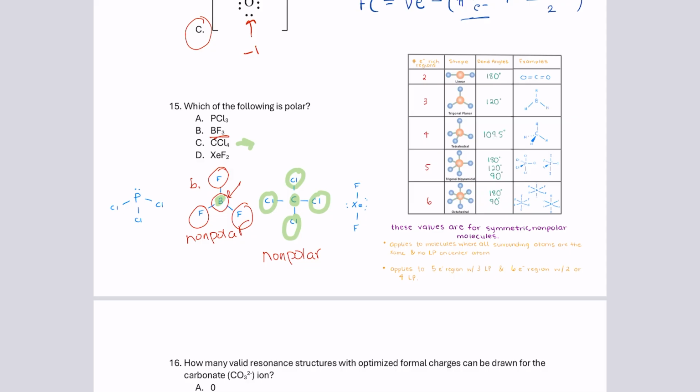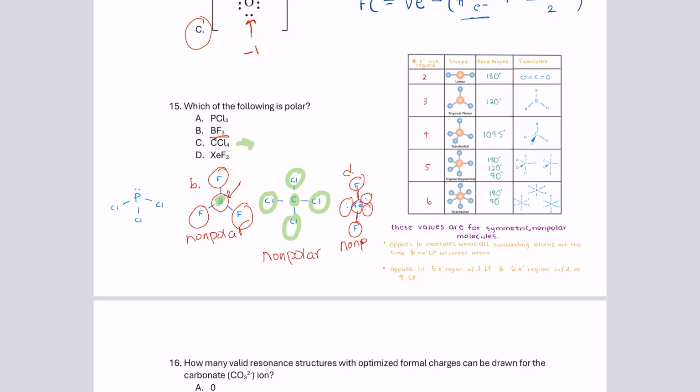So answer choice D is a good example of this. We have xenon, that's the central atom. It's bonded to the same atom type. These 2 bonds are to the same atom type. And then the other 3 electron groups are lone pairs. This molecule is symmetric and nonpolar.